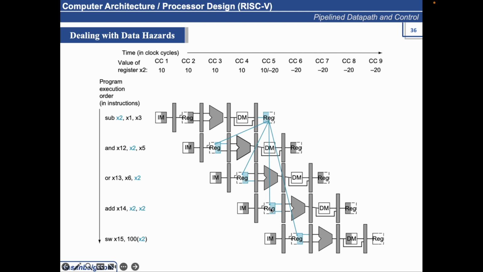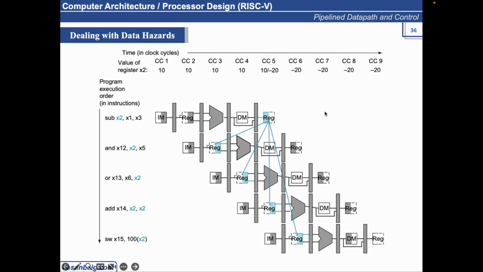If we assume for the time being that this functionality of reading and writing the data within the same clock period is not available, then we still cannot use the correct value of x2 in this instruction. It will only be available for this instruction.